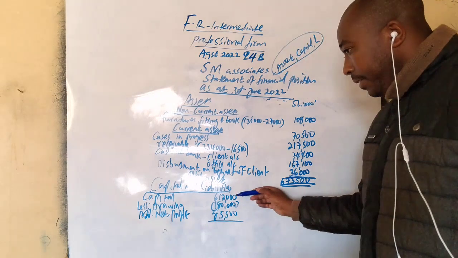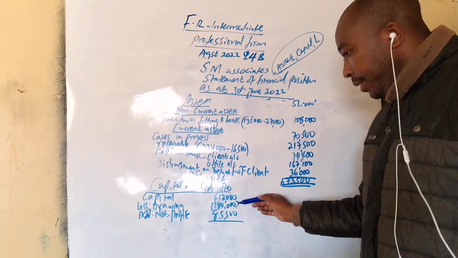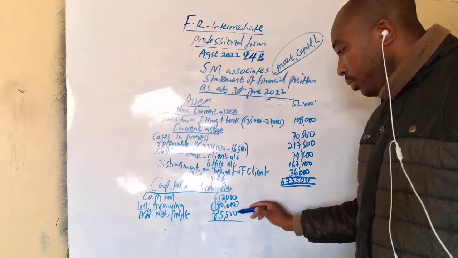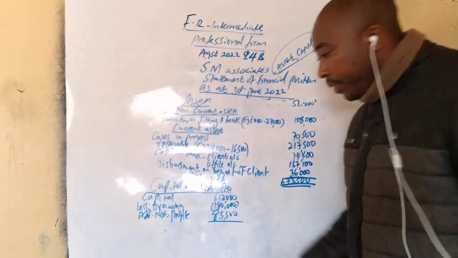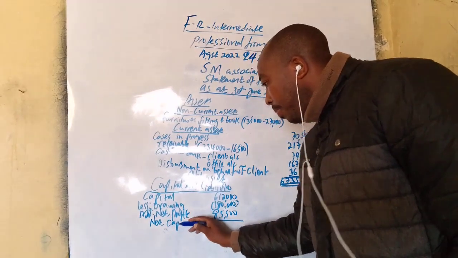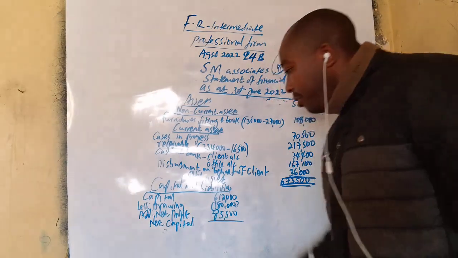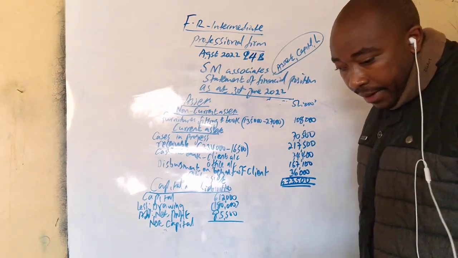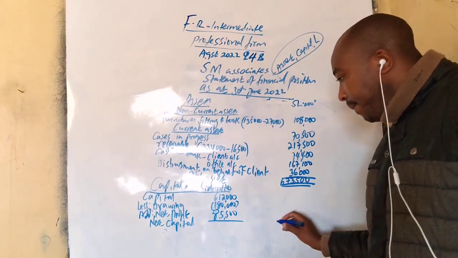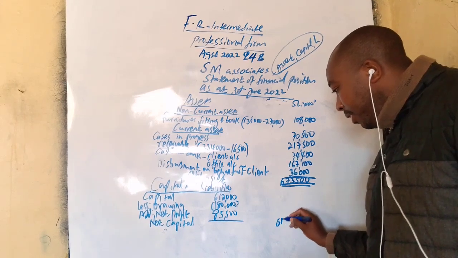So we are taking capital, we less drawings, then we add net profit. If it were a loss, we just deduct. So that way we are going to get net capital inclusive of profit. And our net capital is around 517.